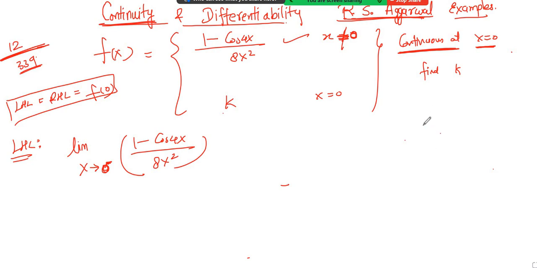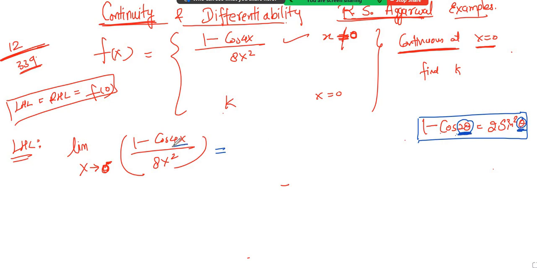Now, as we know, there is a formula, 1 minus cos 2 theta is 2 sine square theta. This is a formula that we know already. If it is 2 theta, this becomes theta, half of the angle. Remember, right?